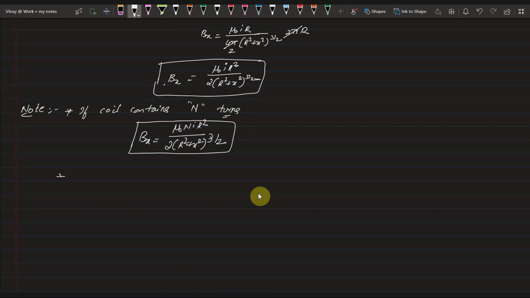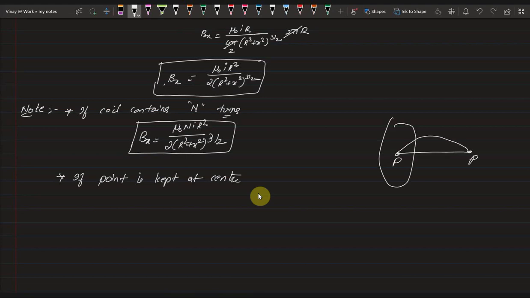Now please remember, for example, if the point is taken at the center, I'll take this point as P. Then x equal to 0.